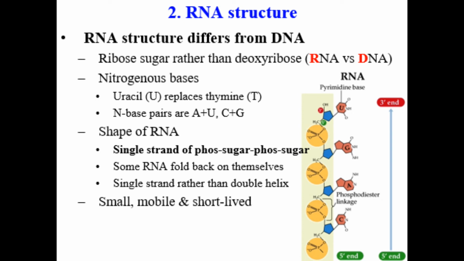The U is going to form a bond with an A in DNA. There will be an opportunity for different types of RNA to be forming bonds with each other based on those bases. So anyway, one of the differences between RNA and DNA is the bases. There's no T in RNA, there's a U instead.